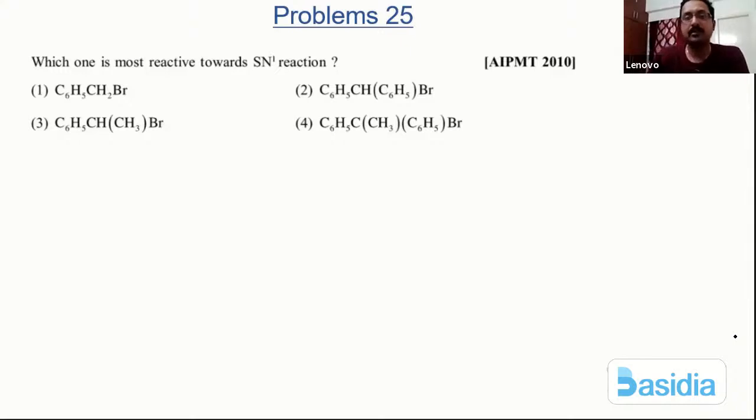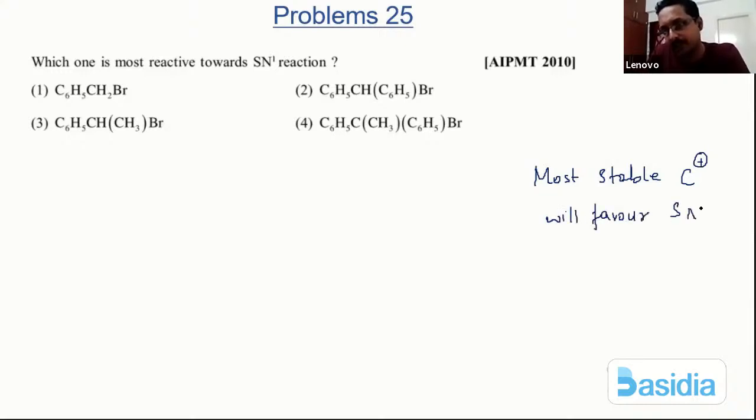I did tell you that the species having the most stable carbocation, C plus ion, will favor the SN1 reaction, and even the rate of such a carbocation involved in an SN1 reaction will be much higher. So you need to find here which is the most reactive.